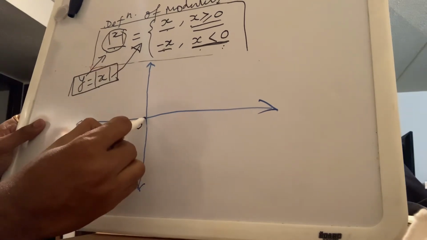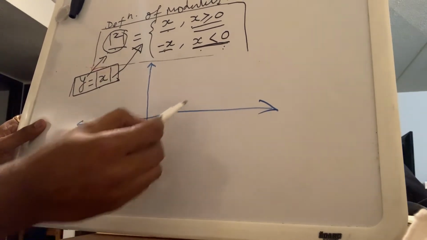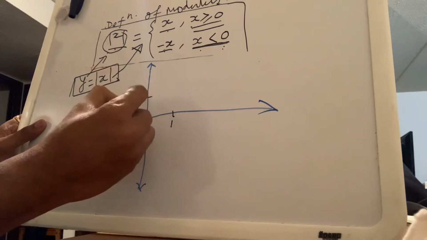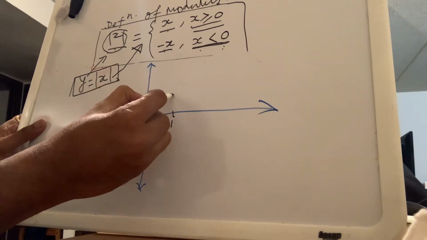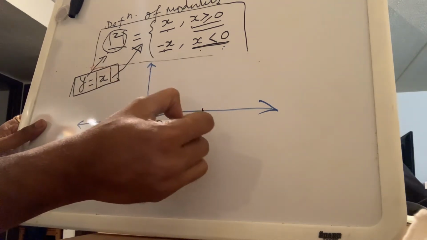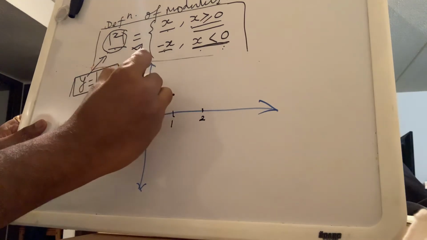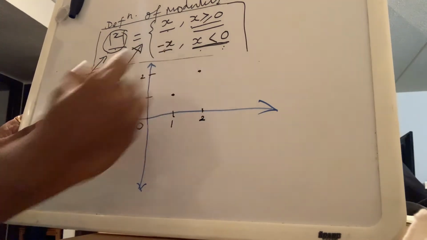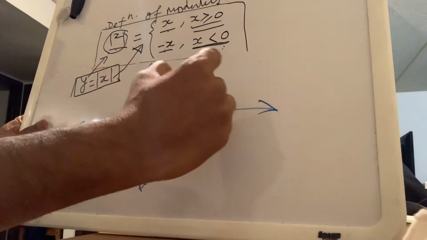So in this case, when y is equal to x, x greater than or equal to 0: when x is 0, y is 0. When x is 1, y is also 1, so we come here. When x is 2, y is also 2, so we come here. So on and so forth.